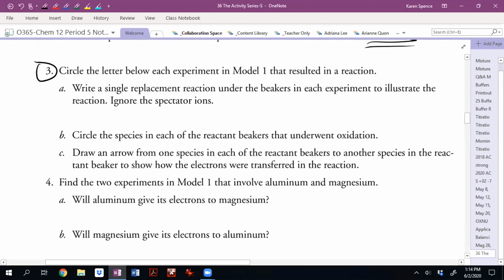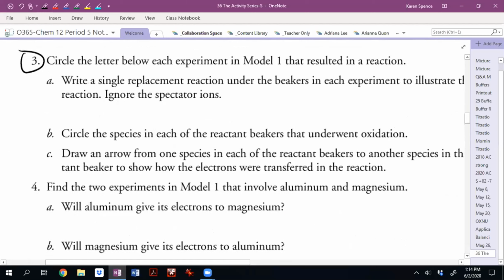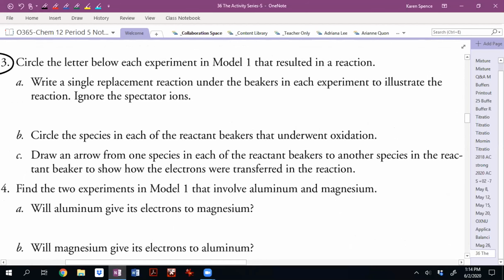We're going to write single replacement reactions under each of the beakers to illustrate the reaction. Okay, let's do that.